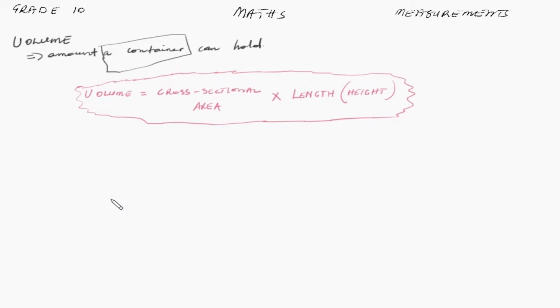Now if we know that volume equals cross-sectional area multiplied by length, then this cross-sectional area is the most important part to identify when you are looking at a prism. Let's look at it from this angle.